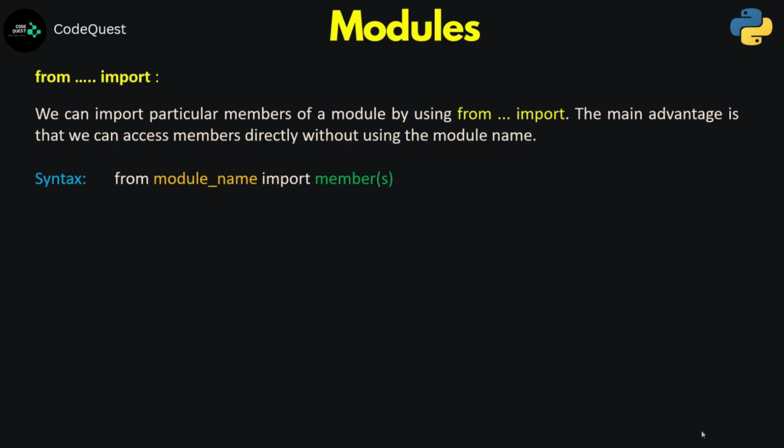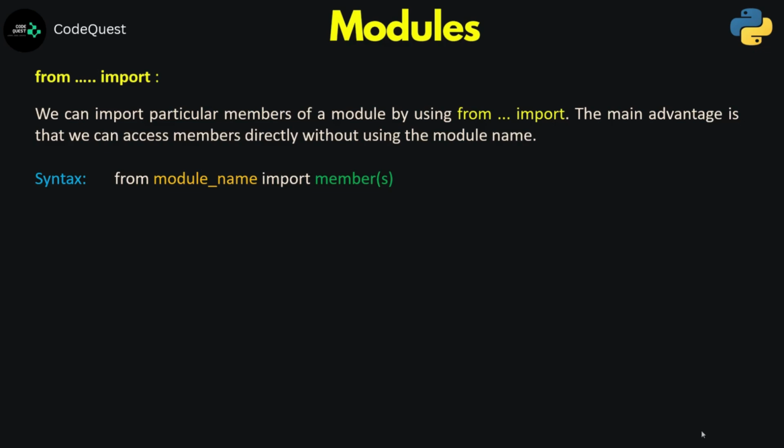Sometimes we may not require all the members present in a module to be utilized. In that case, we can take the help of the syntax from module name import, and then I can mention which members I want to import into that particular program. The main advantage of doing this is what?